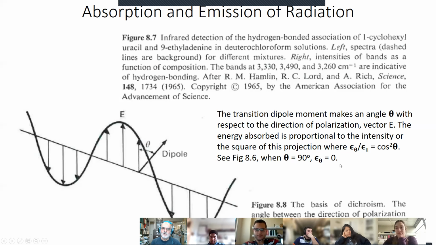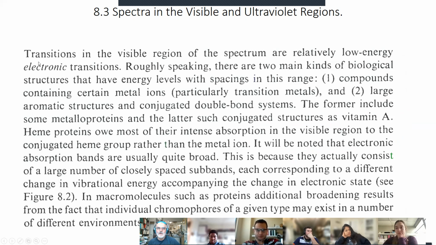So the next section here transitions to the visible spectra. And as indicated in one of those previous figures, these involve low energy electronic transitions. And this corresponds to two basic kinds of biological molecules.